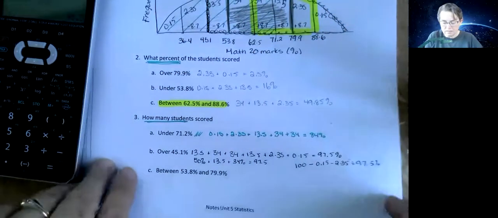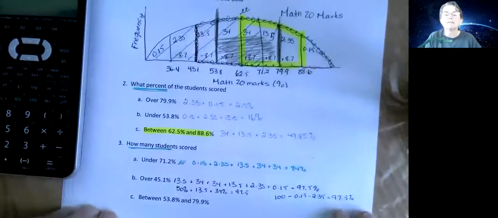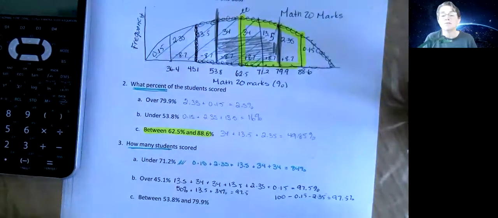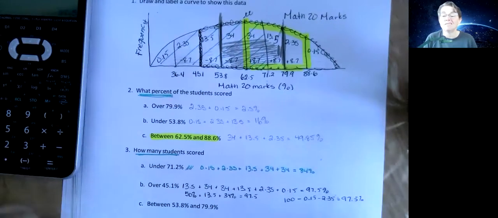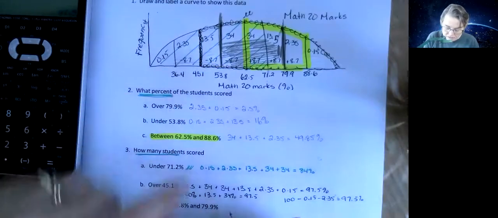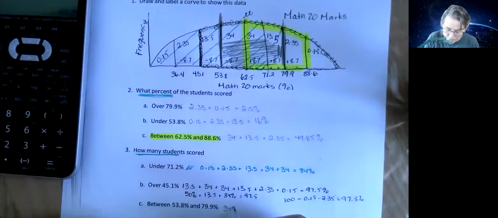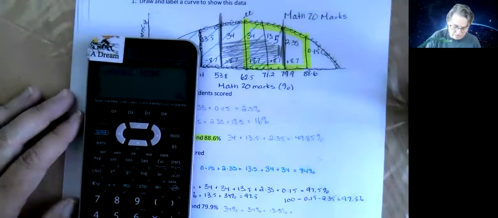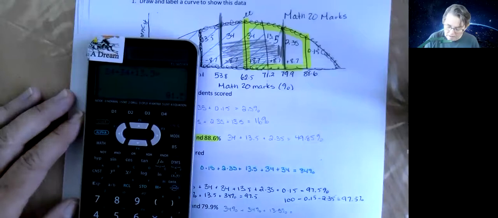Goodness, now you can't see it. So that really dark, messy area I put in there. I feel sorry for people who just look at this answer key after, because it's a mess. So 34% plus 34% plus 13.5%. That's 34 plus 34 plus 13.5, 81.5%.